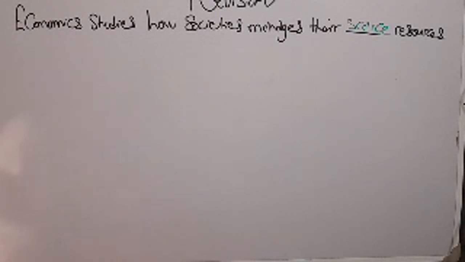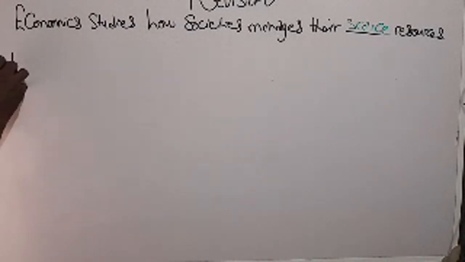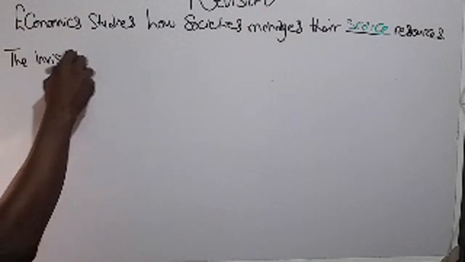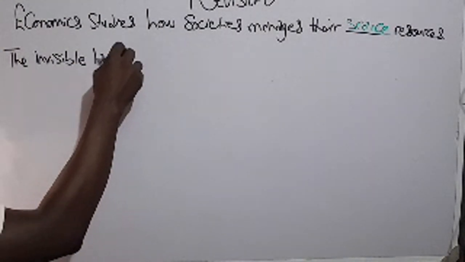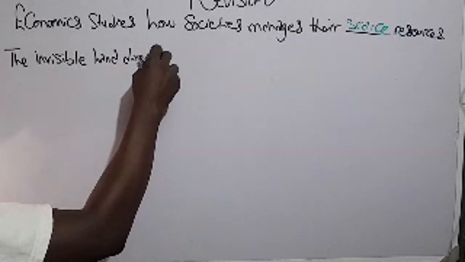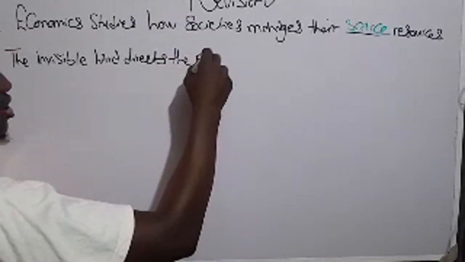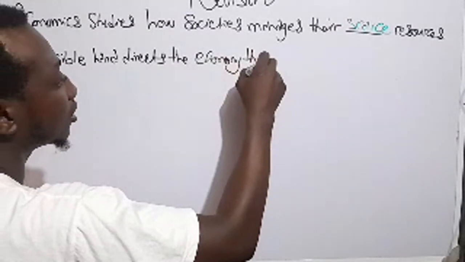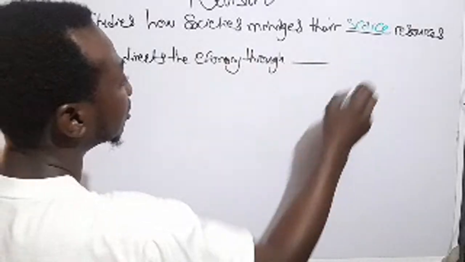Now let's take this. It says, the invisible hand directs the economy through dash.